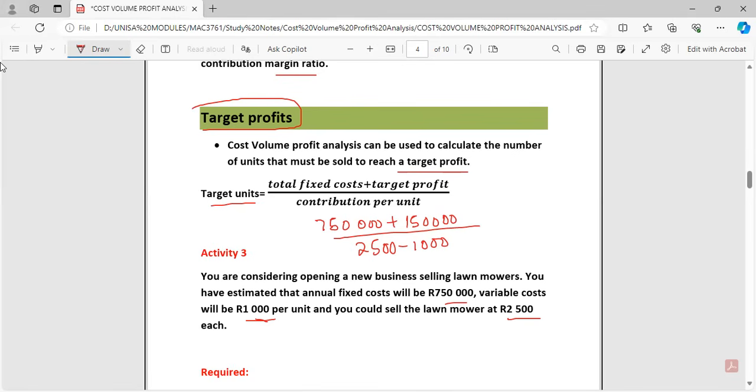How much are we going to have? Anyone who got it? Did you guys do that? It's just a matter of adding 750 plus 150, then we divide by 1,500. It's 600 units. So we're going to have 600.